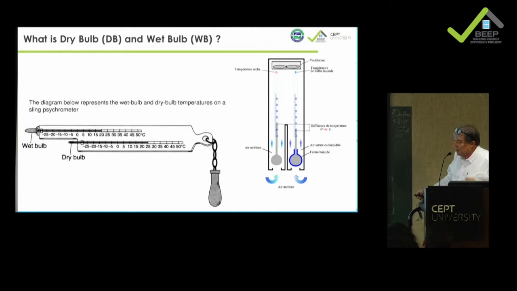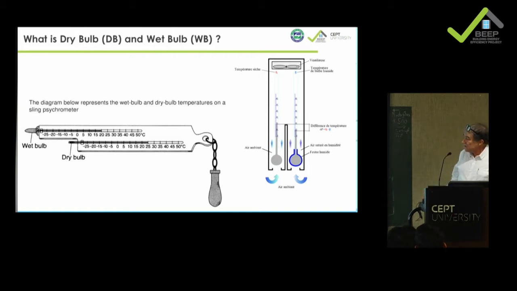You put something like cotton wool and completely moisten the bulb. If you draw air through the two, you get the difference of temperature. This one is called the wet bulb. That means this is the temperature of air which would be saturated at 100% maximum relative humidity. Is it clear to people who do not know about the wet bulb what is happening here? We will explain a little bit more.